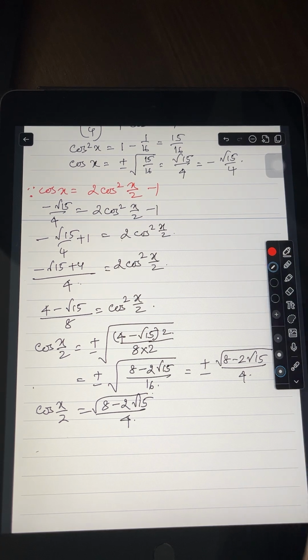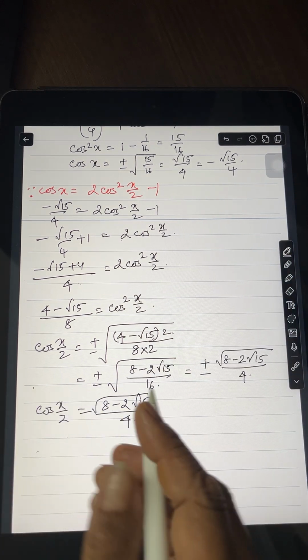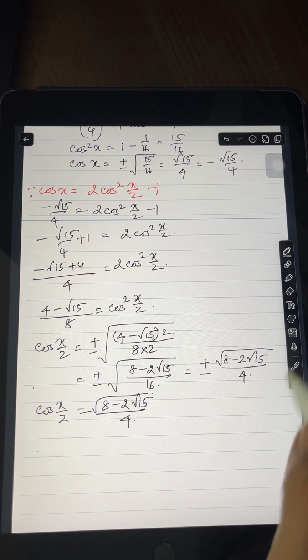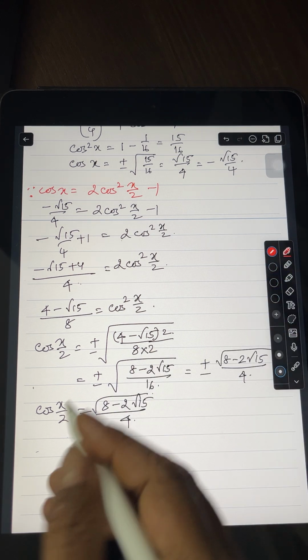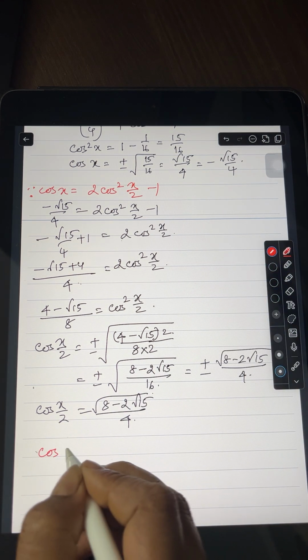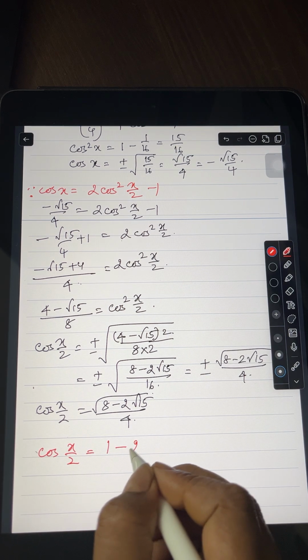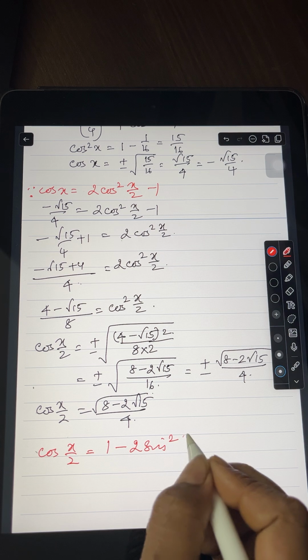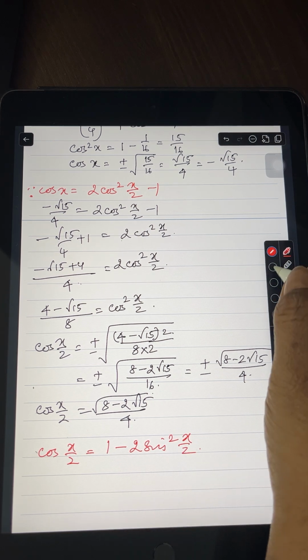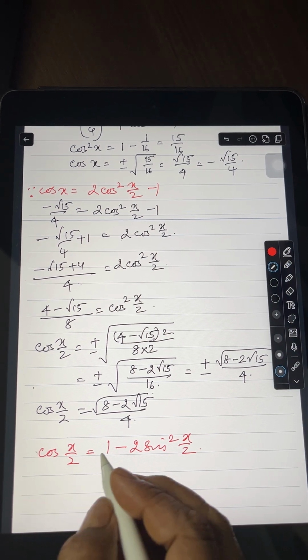Now you will have to find out sin x by 2. Now you have another formula I told you, no? Cos x can also be written as 1 minus 2 sin square x by 2. You can use this formula here.